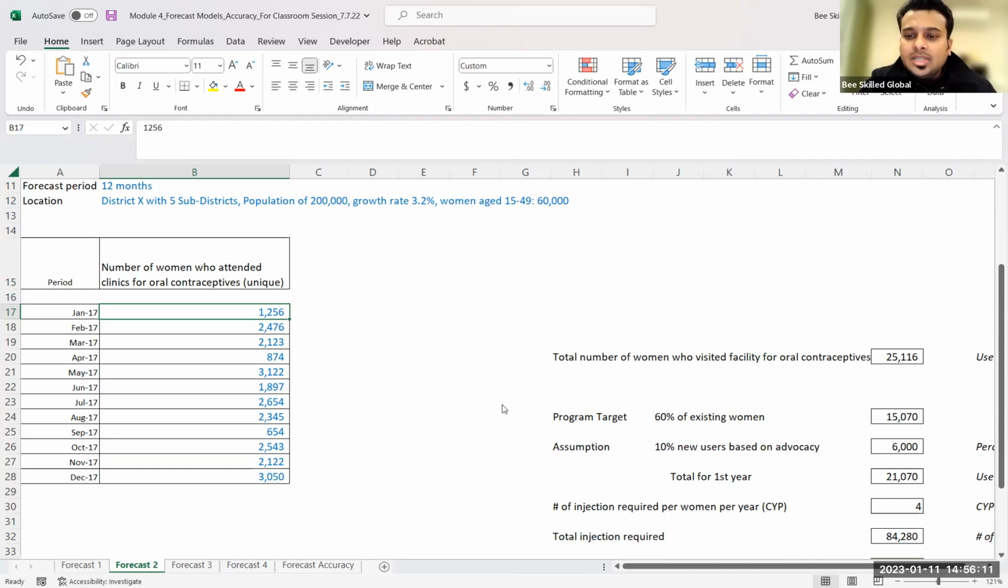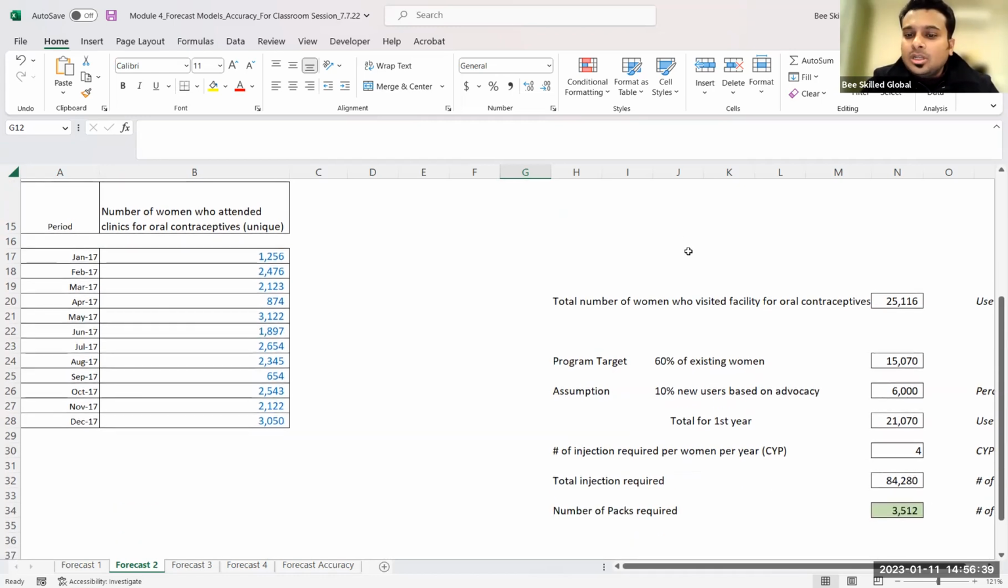So we know that in last year, in 1 year, 25,116 women, unique women, received oral contraceptives out of 60,000. So out of 60,000, almost 25,000 women received oral contraceptives. So that is, first of all, 25,000 is our first set of target.